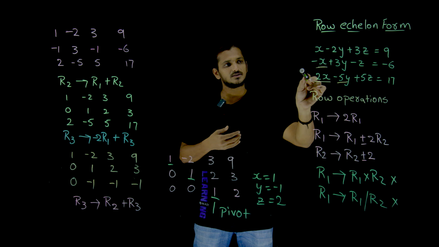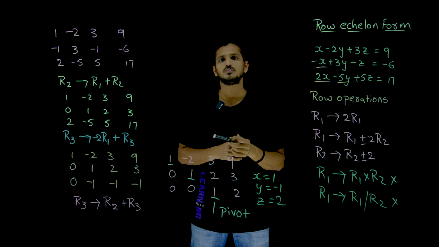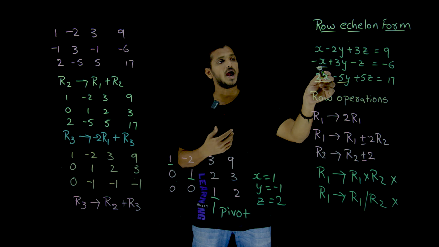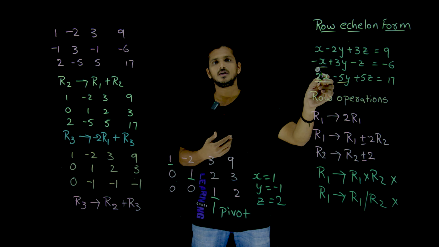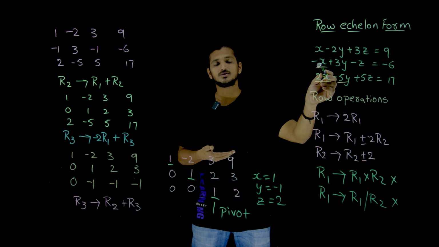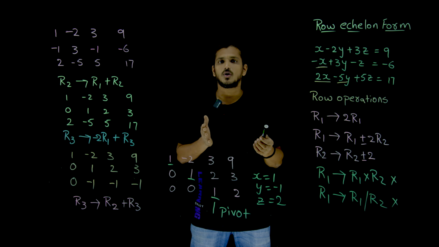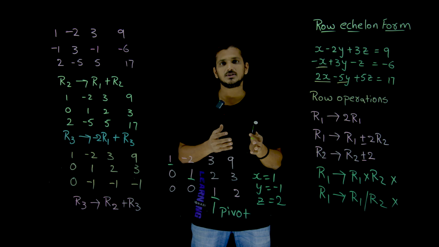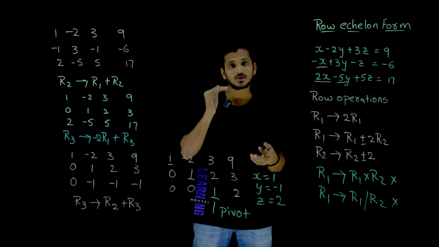So this system of linear equations is the same when you multiply this equation with 2. Similarly, when you add two equations, the output which we get after adding the first two equations, solving the system of linear equations is the same. So that's why we can do some row operations.